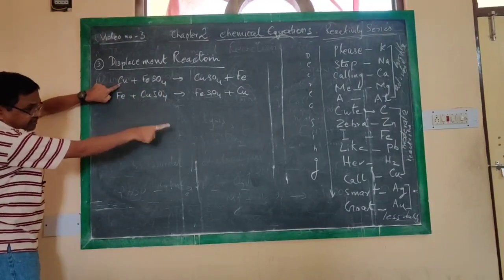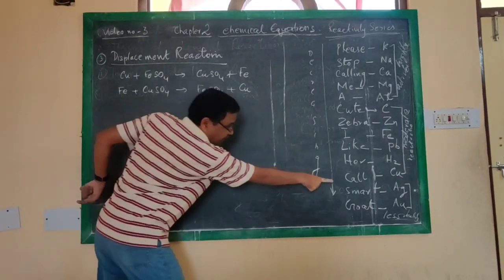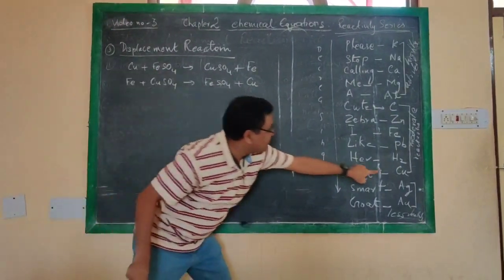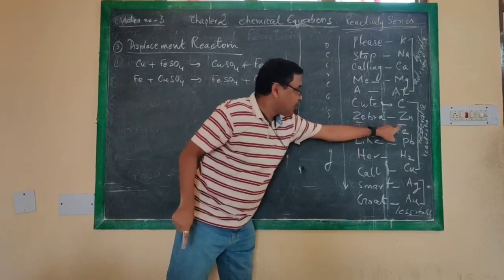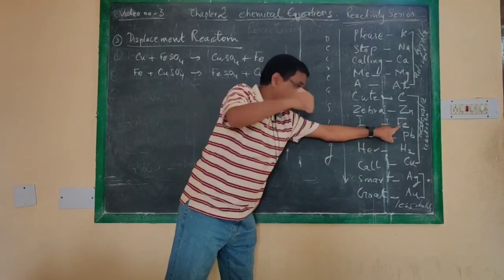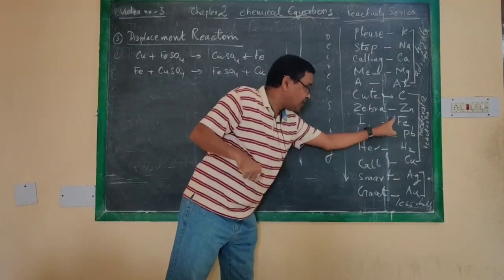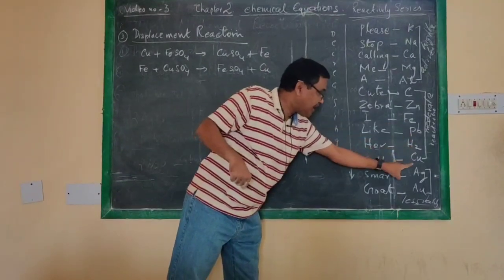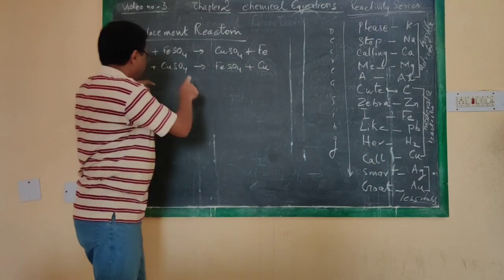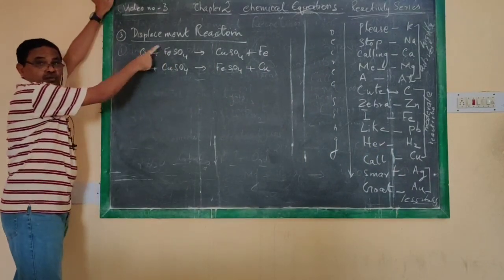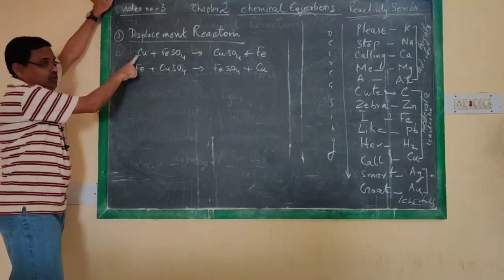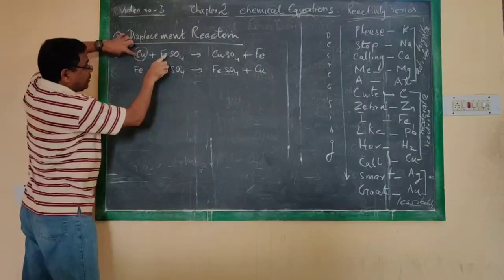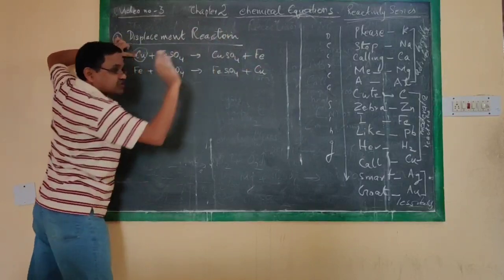Where is this copper situated? Here, down. Where is ferrous situated? Above copper. Who is more reactive out of these two? Ferrous, iron is more reactive than copper. So this copper will not be able to displace ferrous. No.